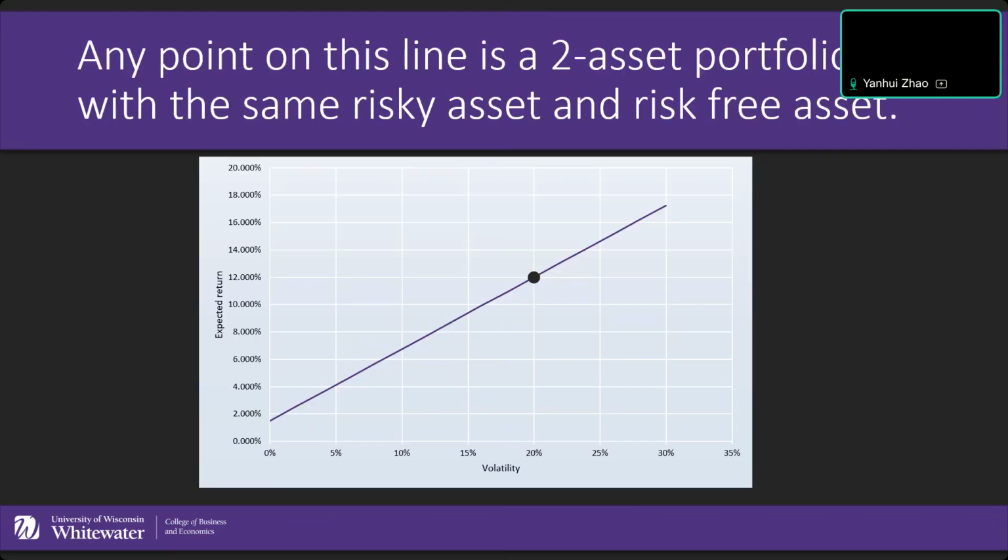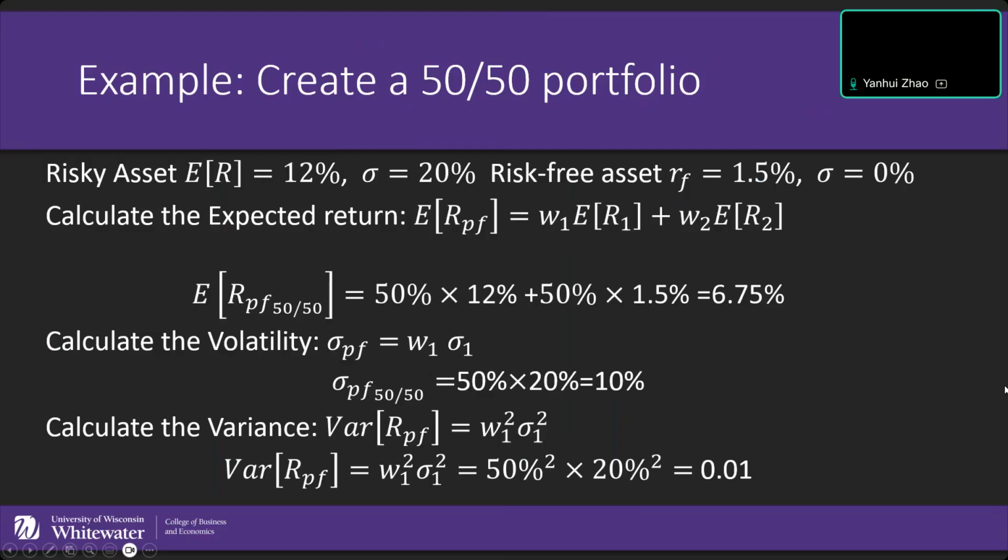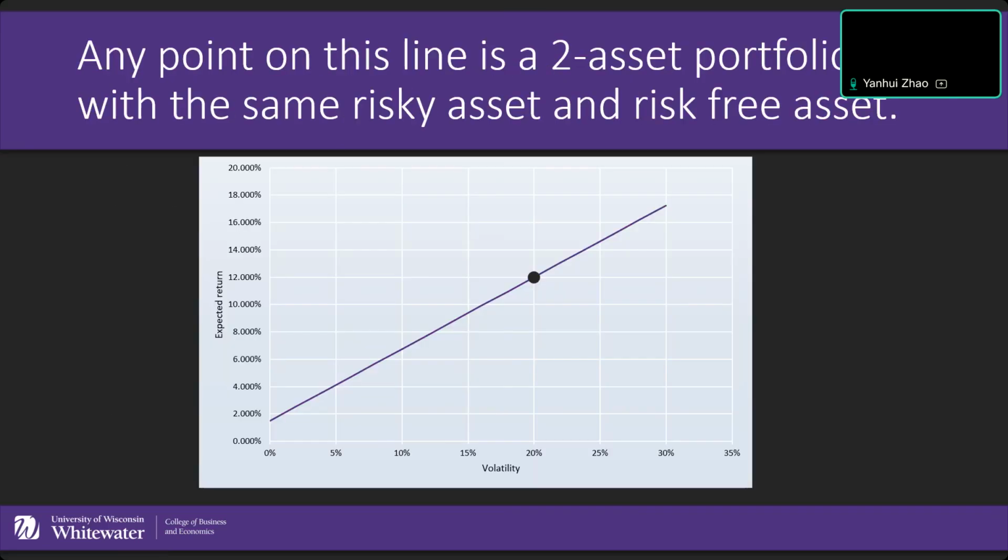So we're gonna find that any dot on this line is a two-asset portfolio. Remember the two assets? The first one is a risky asset, expected return is 12%, standard deviation is 20%, and the risk-free asset return is 1.5%. We can use only two assets to form an unlimited number of portfolios.